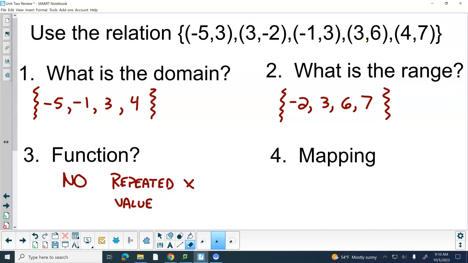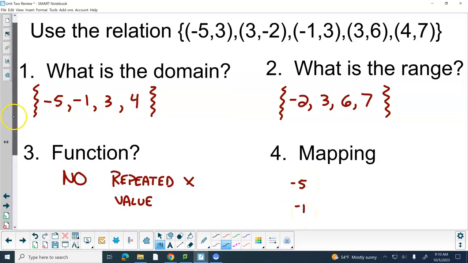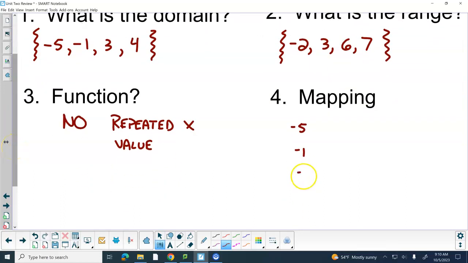The mapping then, so we're going to have -5, -1, 3, and 4. We're going to have -2, 3, 6, and 7.